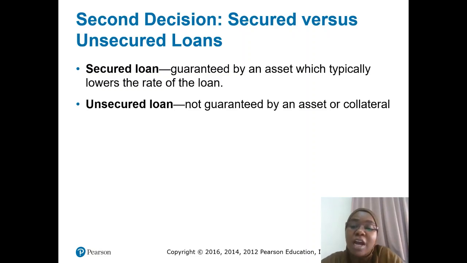But even if after selling the item, the cost does not cover the old loan, then you'll still be indebted to your creditor, be it a bank or any other financial institution that you are owing. All right, so that's another thing you should note about secured or unsecured loans.